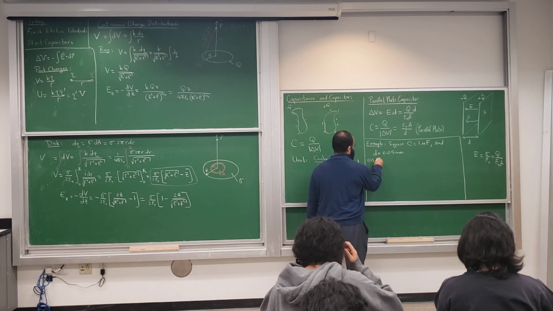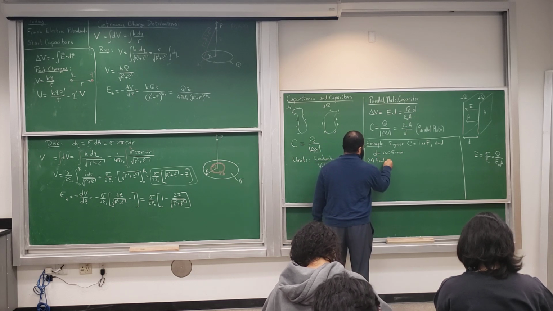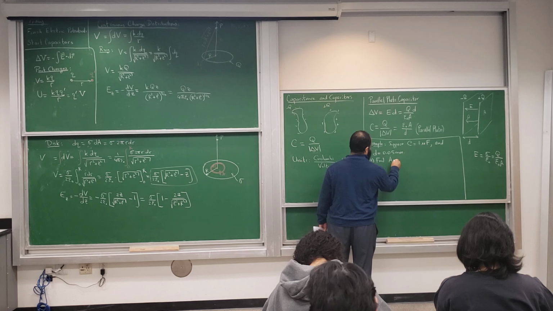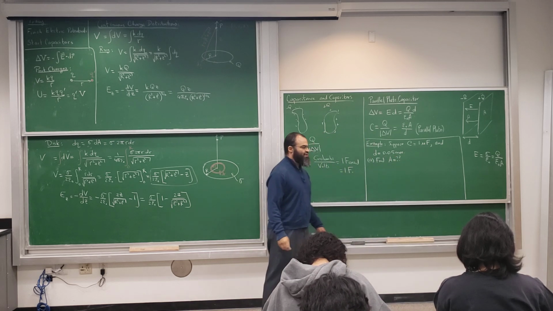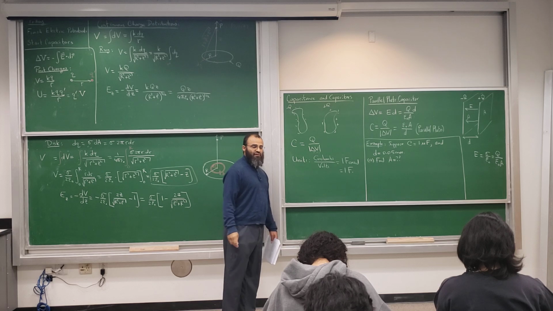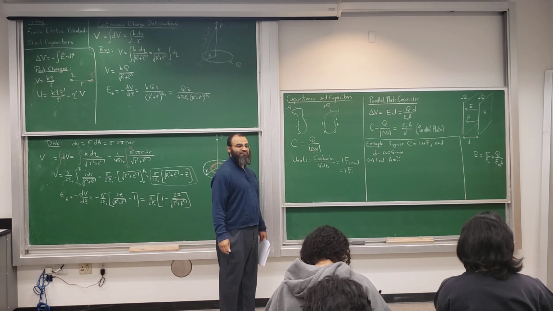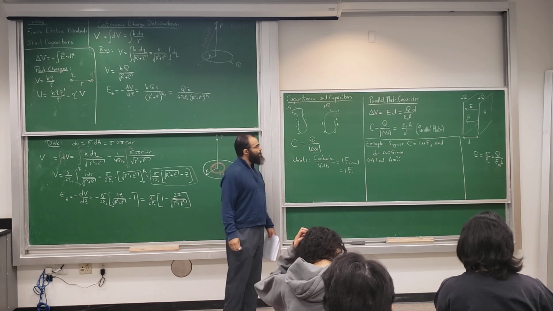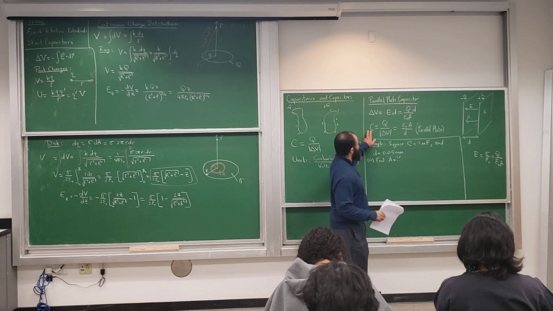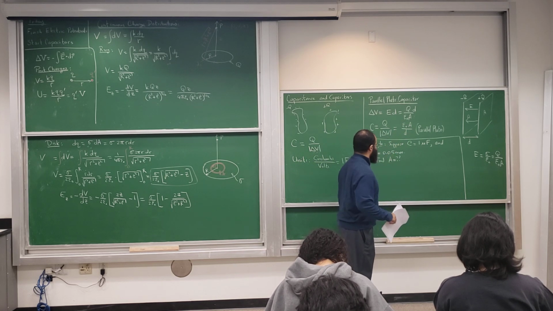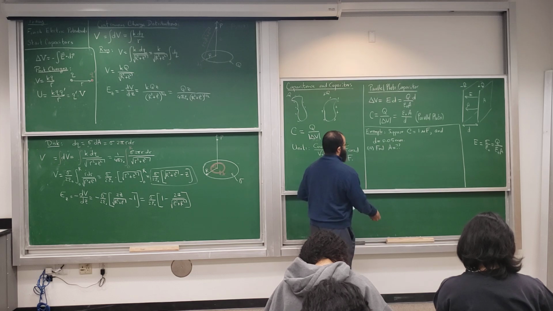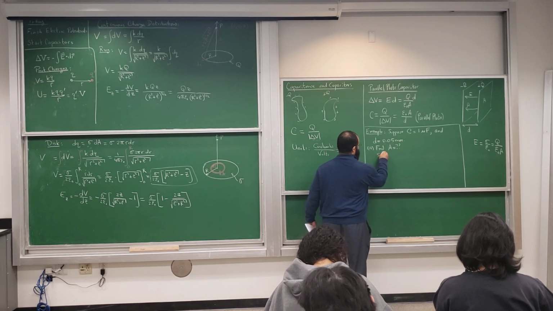Part A, find the area. What's the area of the plates? Ideas? It's C D over epsilon naught, right? It's a parallel plate capacitor. Let's start with this.